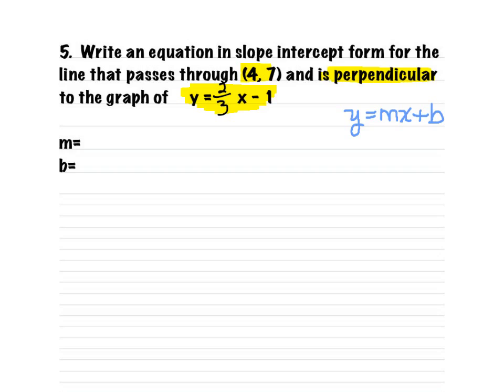If two lines are perpendicular, we know that their slopes are opposite reciprocals of each other. Okay? This time, they gave us the equation in slope-intercept form, so we can just look at this and know what the slope is. The slope of this line is 2/3. The line we want to write is perpendicular to this line, so it has a slope that is the opposite reciprocal of 2/3, so I know my slope is going to be -3/2 for my equation.